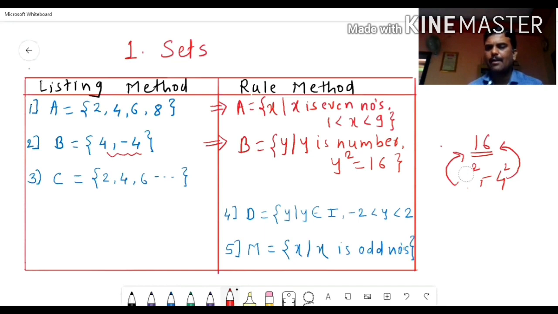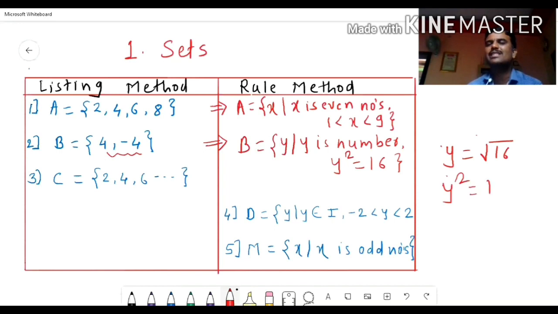You can also write that y is equal to under root 16, but a better meaning is y square is equal to 16. So that's why we are taking y square is equal to 16. After taking the square root, y is equal to exactly 4 and minus 4. I think you are getting my point.